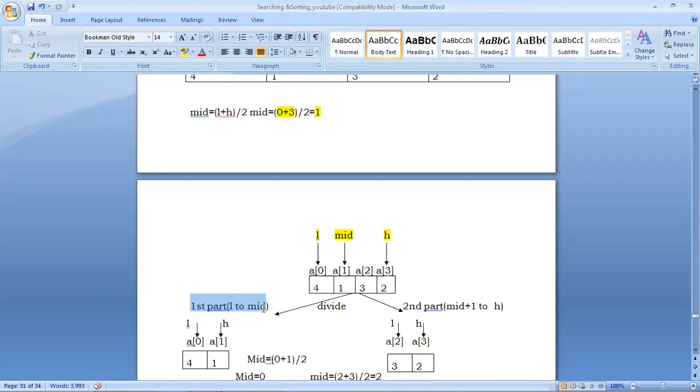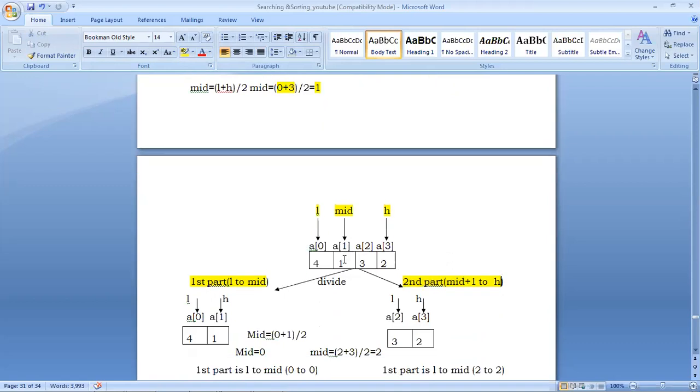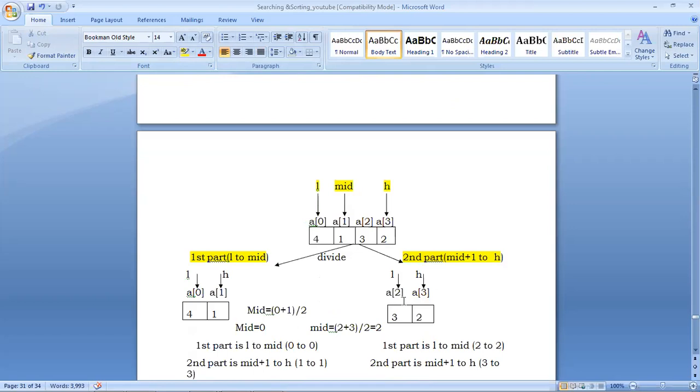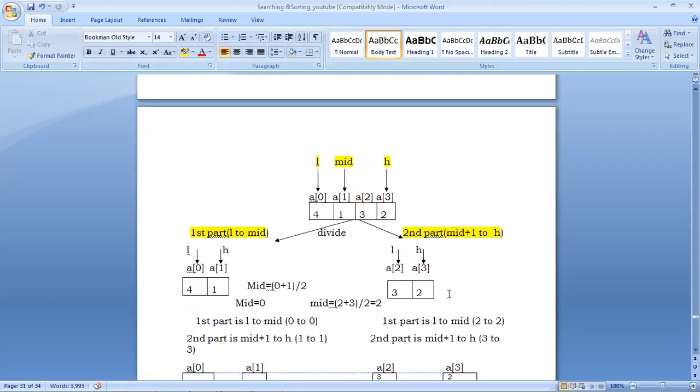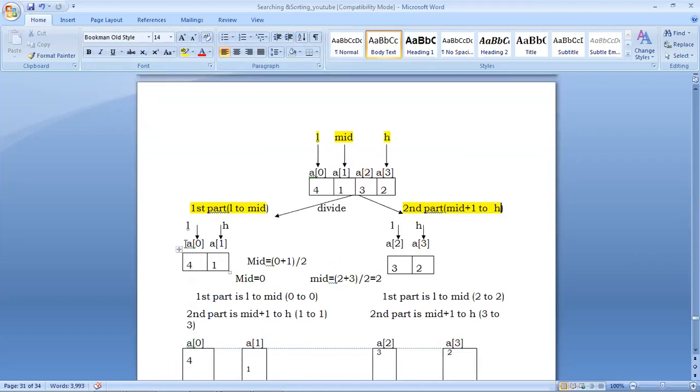The second part is from mid plus 1 to H. The mid index value is 1, 1 plus 1 is 2. That means from index 2 to 3 is the second part. So A of 0 and A of 1 are first part values, and A of 2 and A of 3 are second part values.